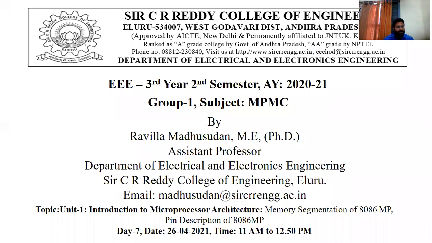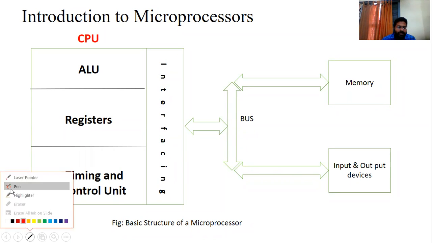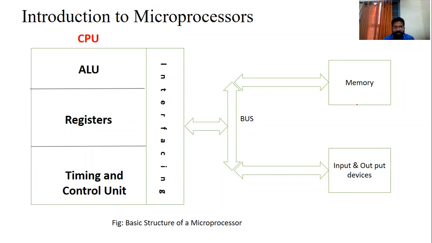You know that in the past six classes, we are spending more time on this CPU, nothing but the basic structure of the microprocessor. The way we are approaching is very simple. When you complete all the things that are present in this structure, then only you can easily understand the entire architecture of the microprocessor.